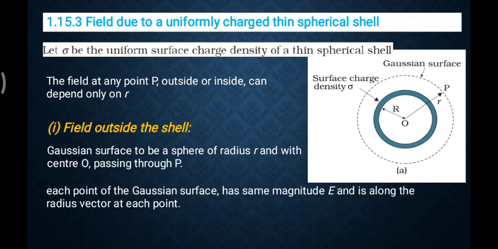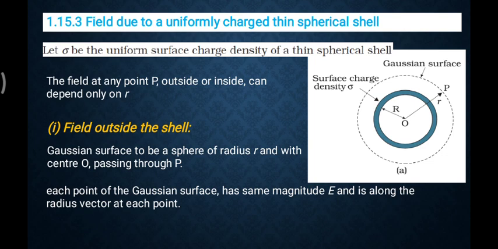Now you have two more options inside the subtopics. The field outside the shell: our P point, where we test the electric field, lies outside the bubble. The electric field can also be possible inside the bubble, which we will see in a later section.